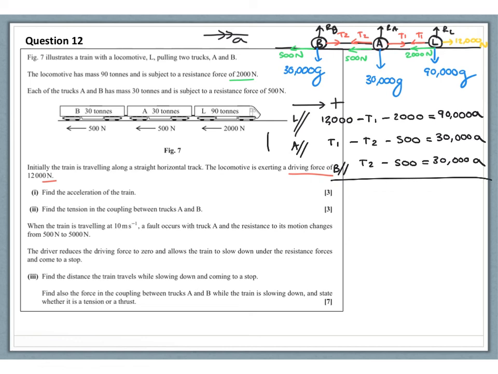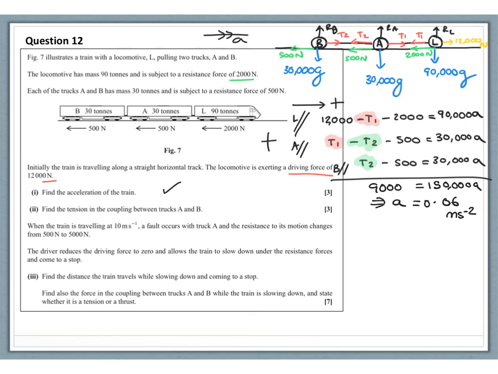Now, let's add these three equations together as we've done in the past, because we have that very convenient situation where positive and negatives of the same value will cancel, and this leaves me with 9,000 equal to 150,000 A. So we can work out the value of A, which is 0.06 meters per second squared.